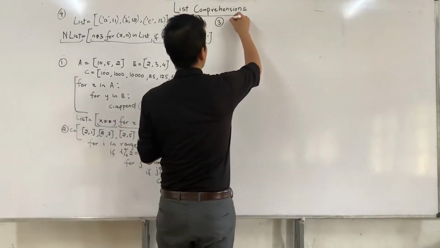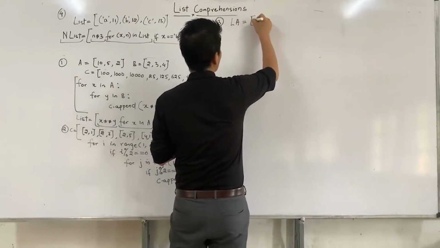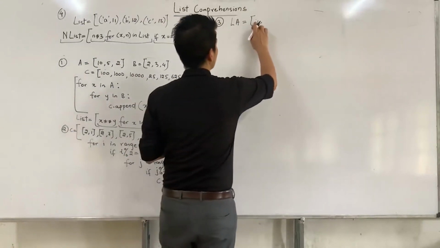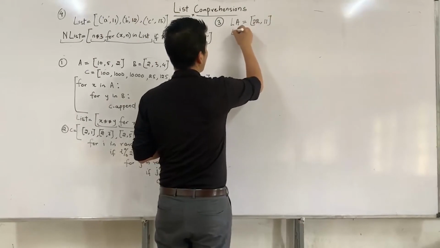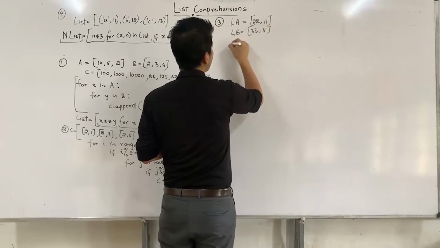Alright, let's say you have LA is equal to 11, 22. You have list LB as 33, 11.